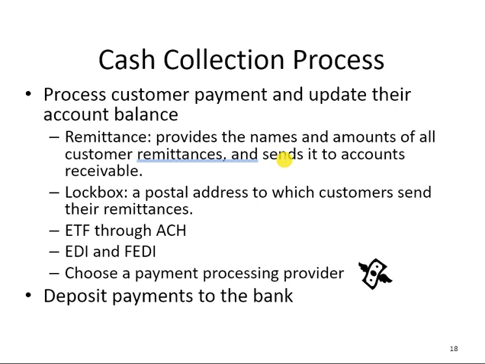To speed up again, we can use electronic funds transfer, EFT. Right? Basically, the customer is going to send their remittances electronically to the company's bank, thus eliminating the delay associated with the time to mail the payment.